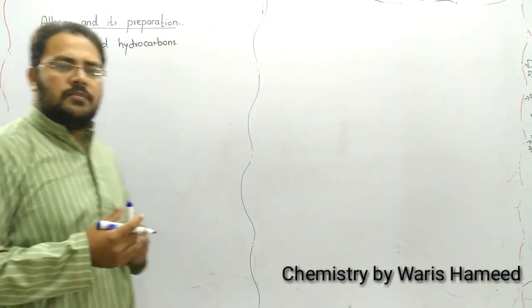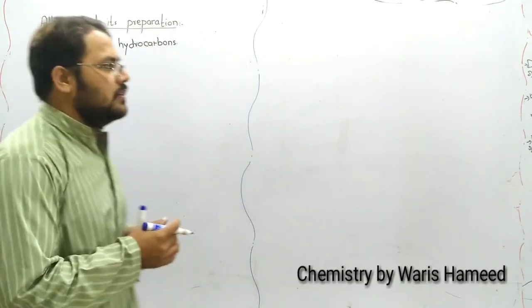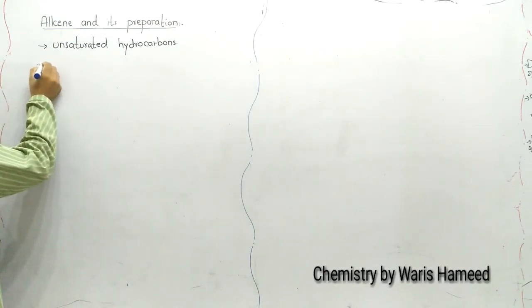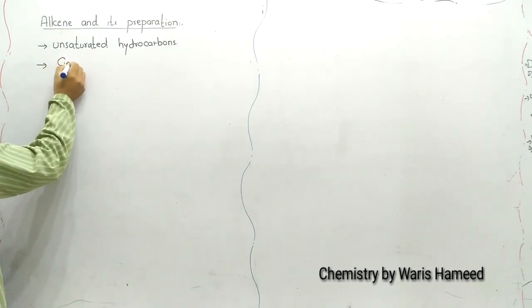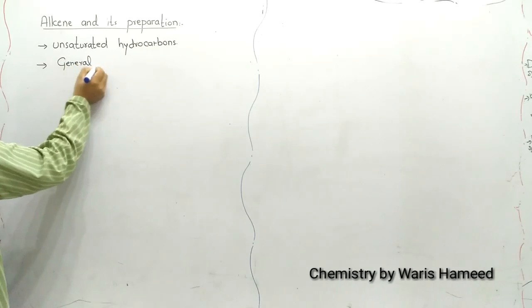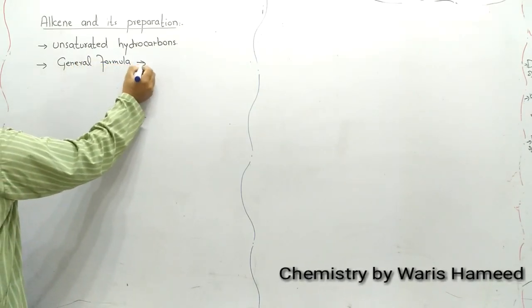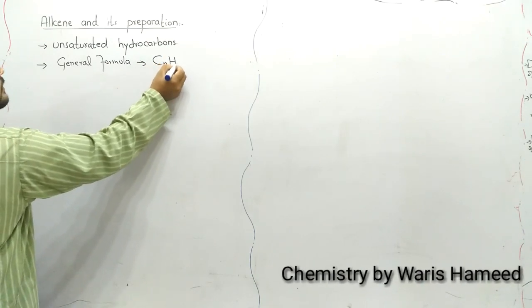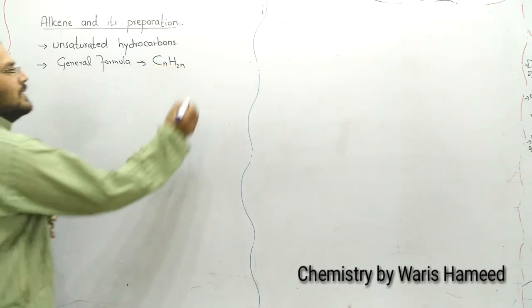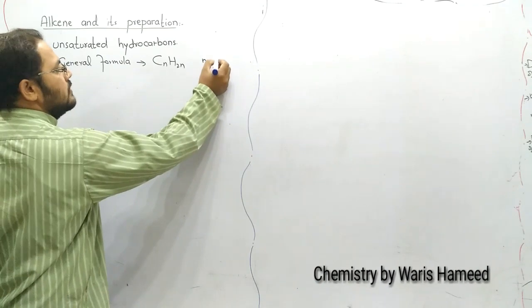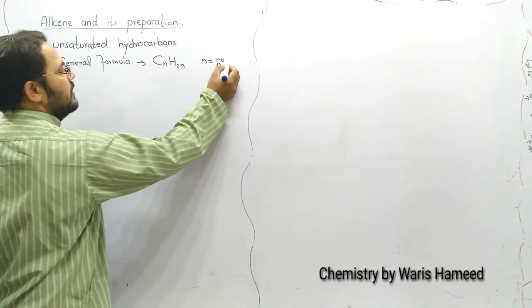Any two carbon atoms may have sp2 hybridization, and the general formula is CnH2n, where n is the number of carbon atoms.